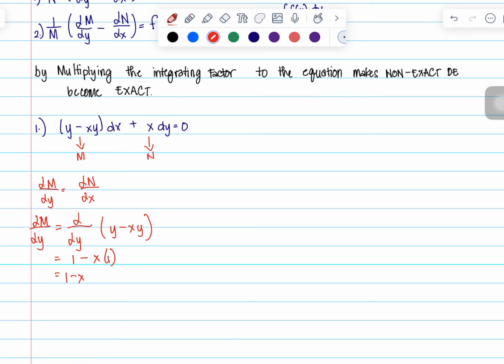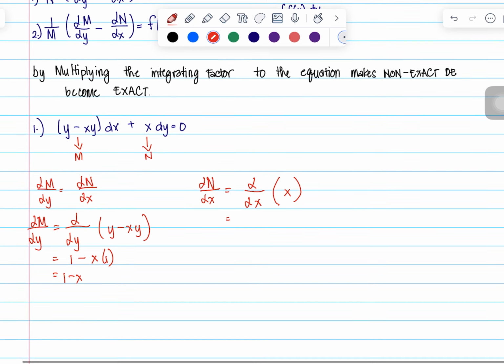How about the other one? So we have the partial derivative of N with respect to x. What is N? We have x. And what is the partial derivative of x with respect to x?